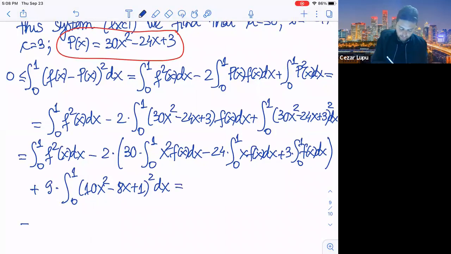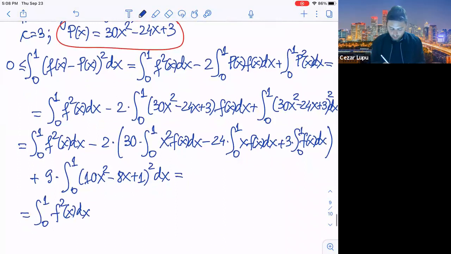Let's see, this will give us minus 2 times, and now let's see, this is 30 minus 24 plus 3, plus 9 times this integral.